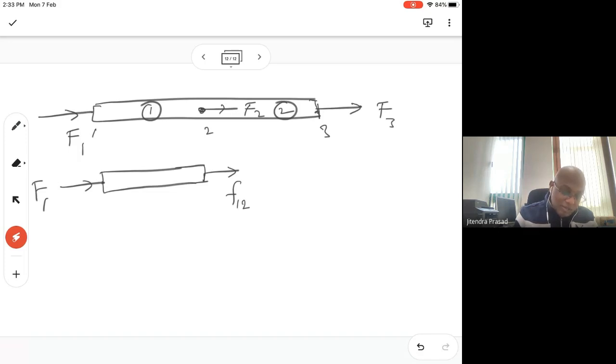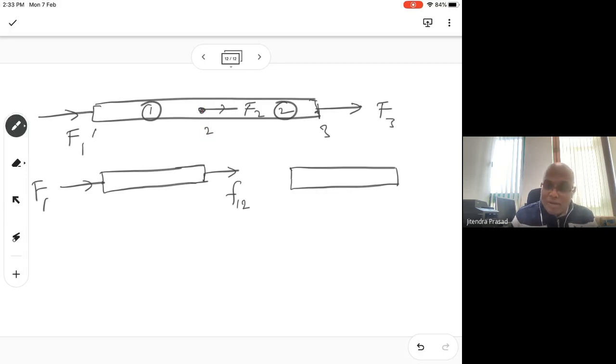This is called F12, and the other half part will also have some force there, so let's call it F21.